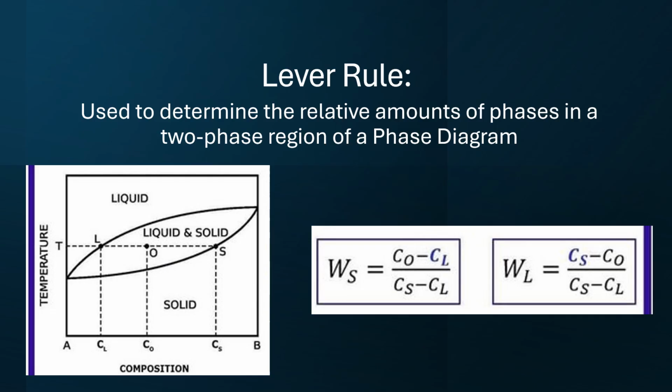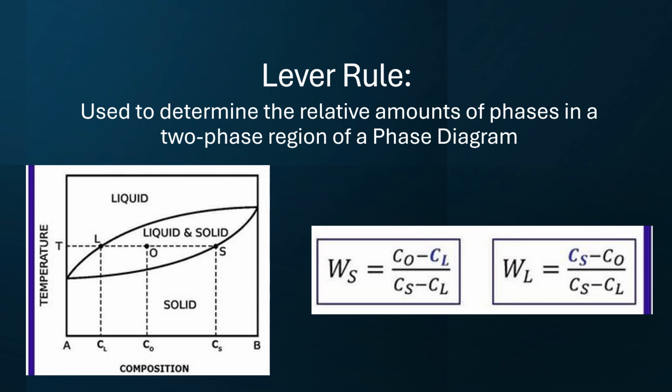Next we're going to talk about the lever rule. The lever rule is used to determine the relative amounts of phases in a two-phase region of a phase diagram. So to the left here, you can see a phase diagram, and you can see the overall composition of liquid, composition of solid, and it's a rough diagram of how we would find those values.